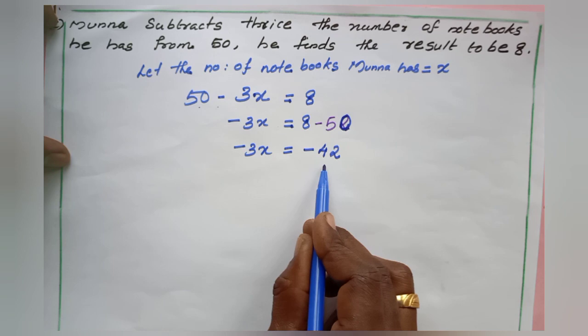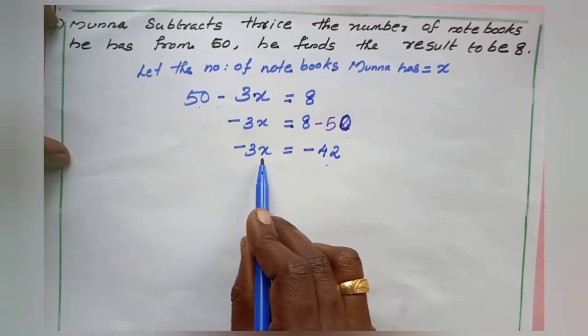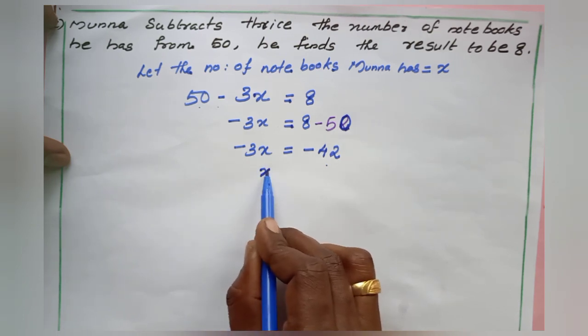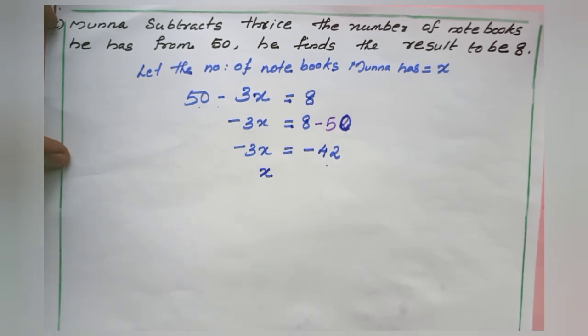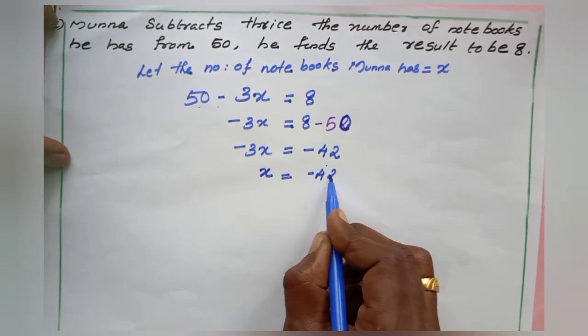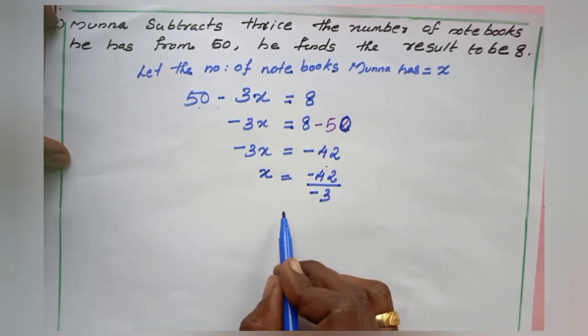So minus 3x equals minus 42. Minus 3x means minus 3 into x. So the minus 3 transposes to the right side, and we get divided by negative 3.